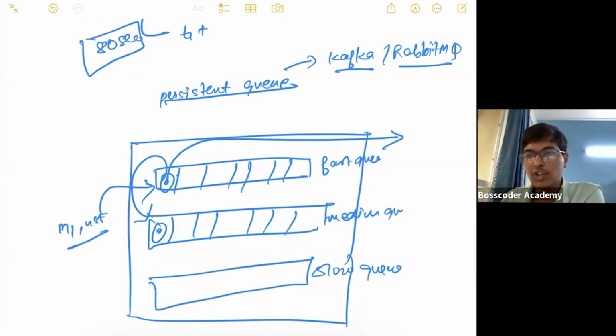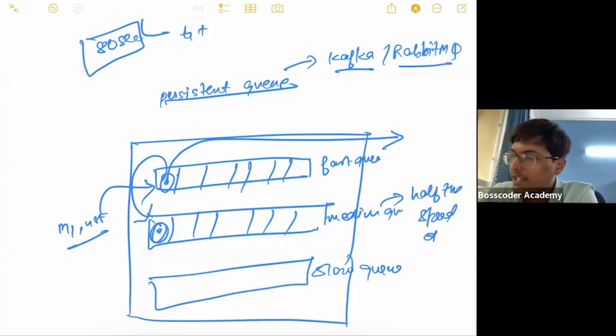Okay, let us draw it once again after this, and I think that will make sense. Then it will go to the medium queue, which runs at half the speed of the fast queue.